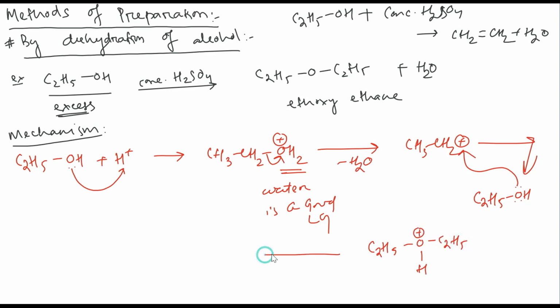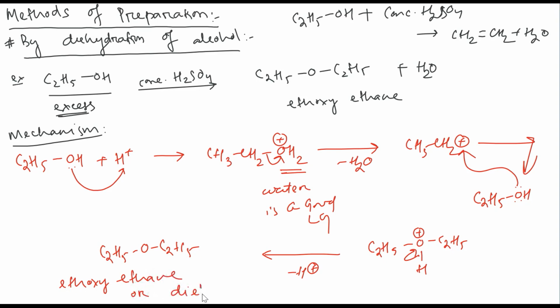In the next step, there will be deprotonation, removal of H+, and there will be formation of C2H5OC2H5. That is known as ethoxyethane, or we can say diethyl ether.